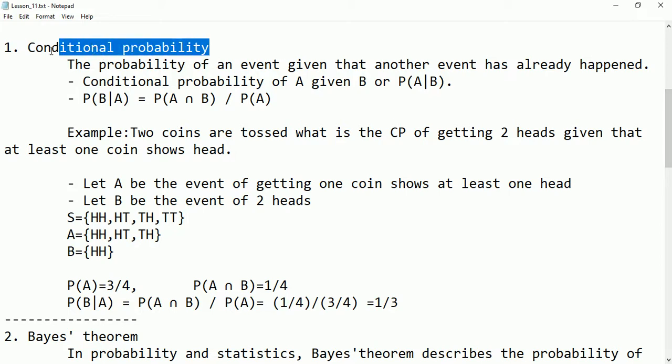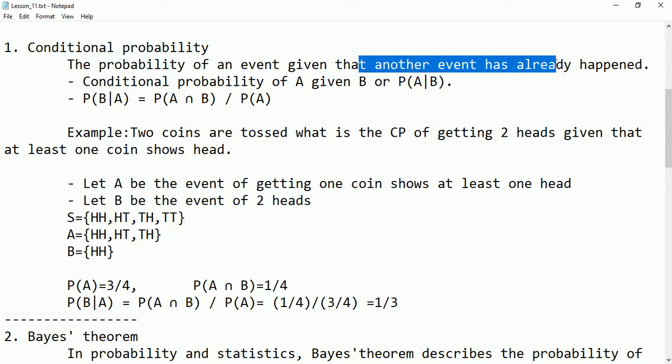What is conditional probability? The name itself indicates that conditional probability means the probability of an event given that another event has already happened. Two events, but one event has already occurred.